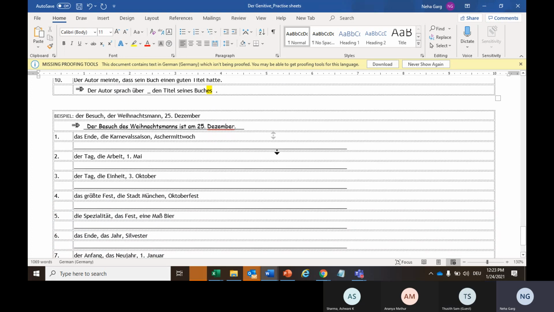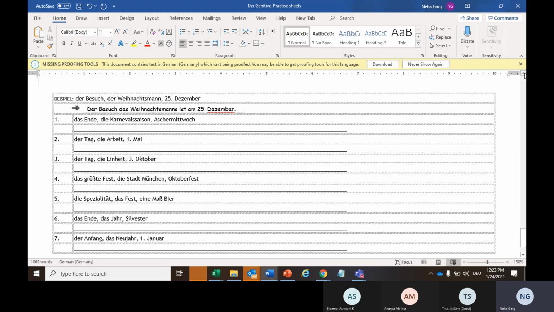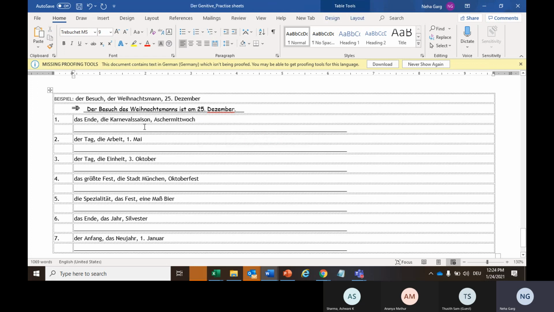Okay, now one quick exercise for you to do on your own. Take 5-7 minutes, write it down in your copy like the normal exercise which we do, and once done writing, send me the screenshot on WhatsApp. One sentence is given here, and you have to turn it into a genitive sentence. For example, der Besuch, der Weihnachtsmann, 25. Dezember.